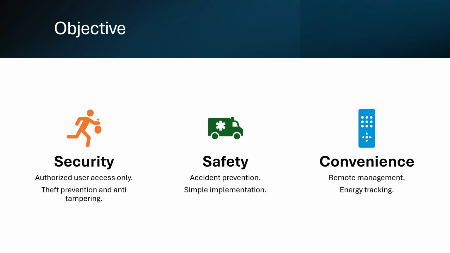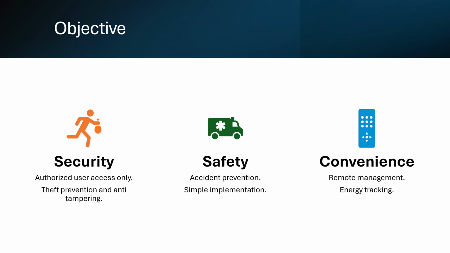So this is the motivation for our project: to deliver these three features, to provide security, safety, and convenience. Security and safety will be implemented with the password activation. It will prevent unauthorized users from accessing the system and also prevent accidents from happening because it will be restricted.